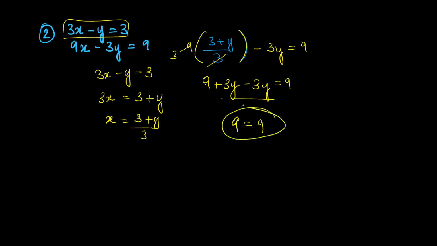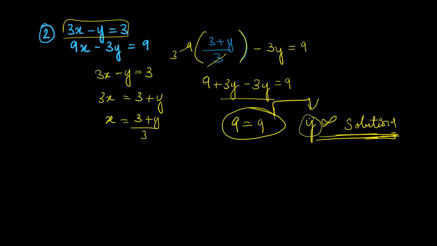Now this is a very weird thing to get. What this actually means is that y can have infinite solutions. Now if y can have infinite solutions, that means for every solution of y we get an x, so x cannot be definite.